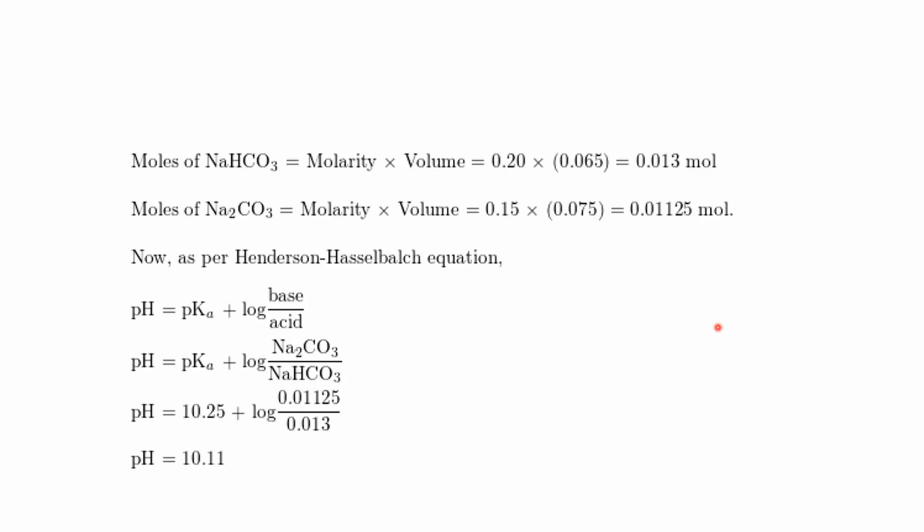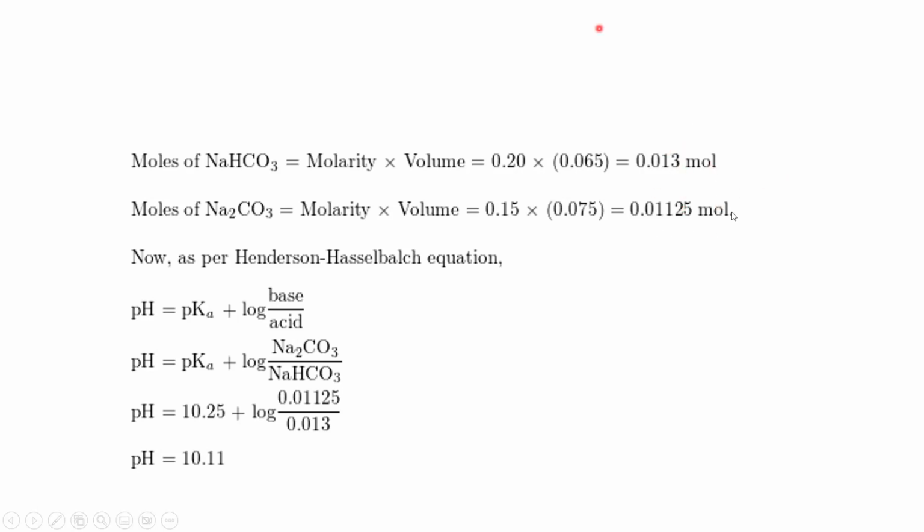Or what we can really do is just focus on how many moles we're going to have in each of those. Because if you think about the setup we have at the top here, molarity times volume, that would be M1V1 for each of these solutions. But in both cases, M2 is going to be the same. So if we divide both of these moles by the same volume to get the new molarity when they're fully mixed, it's going to be the same ratio as what we see here.